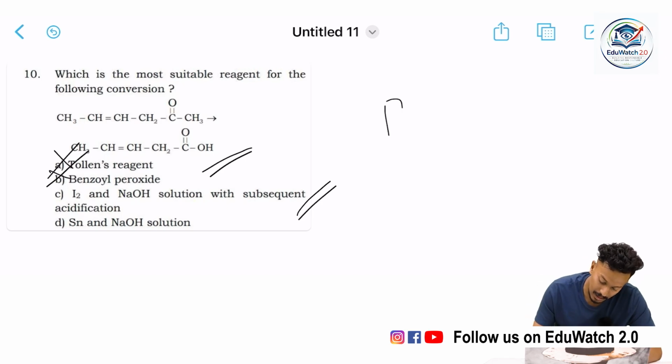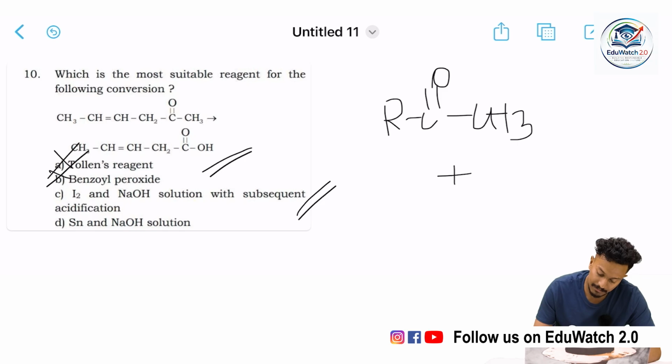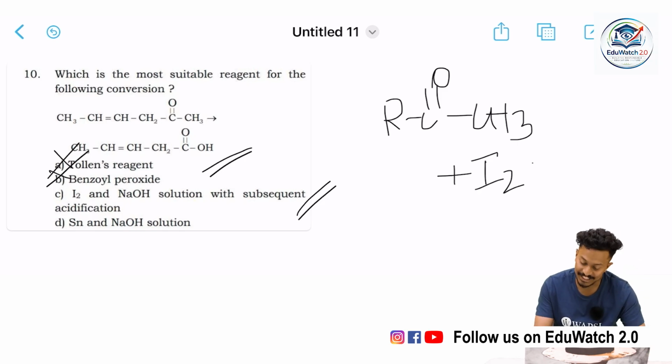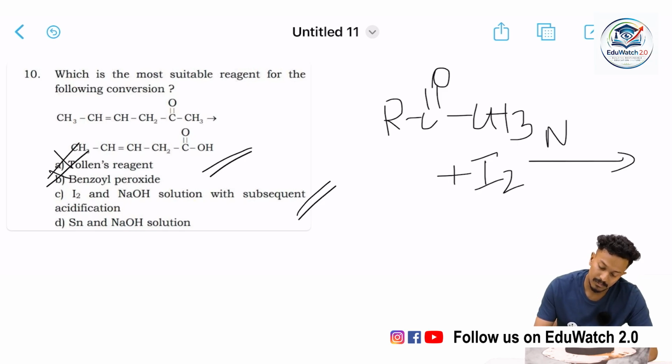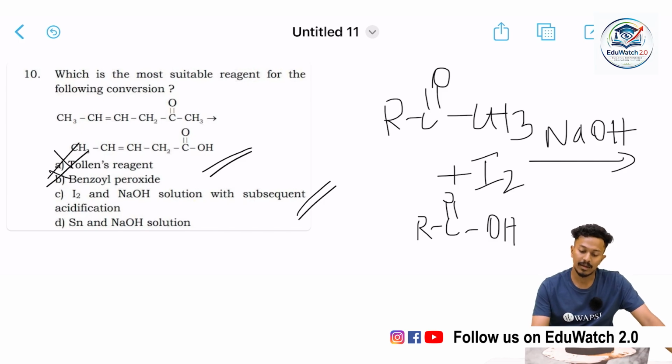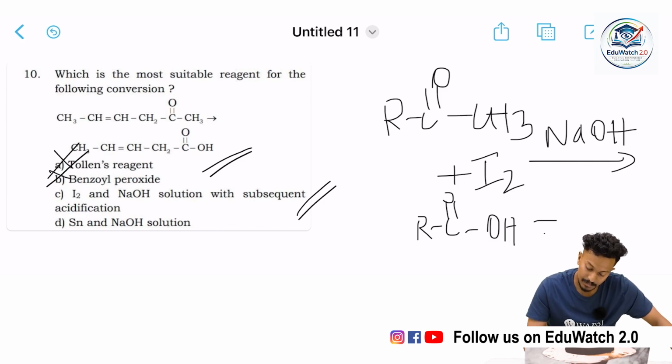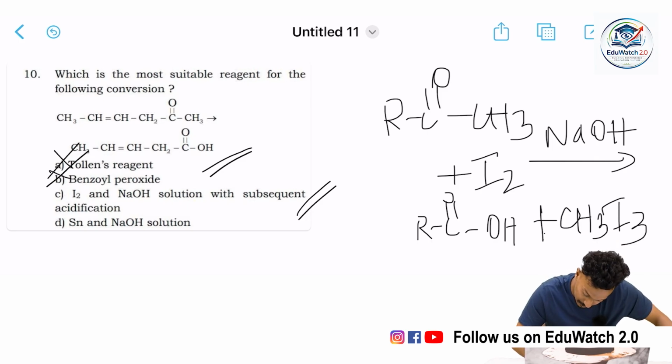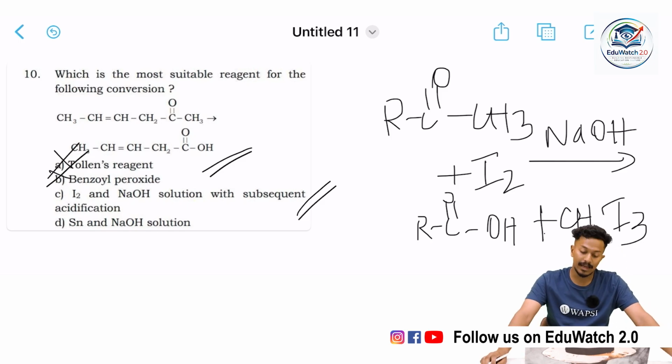When a ketone RC=O CH3 is treated with a halogen like I2 with sodium hydroxide, we get RC=O with an oxide of the alkali, and triiodomethane, CHI3. This is iodoform, CHI3.